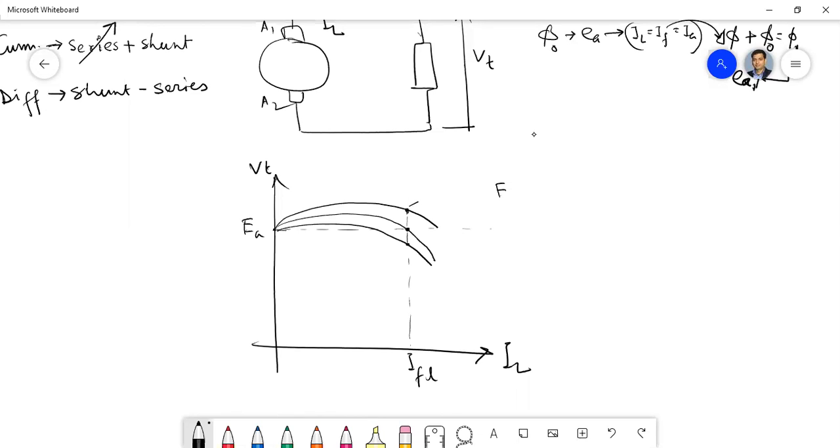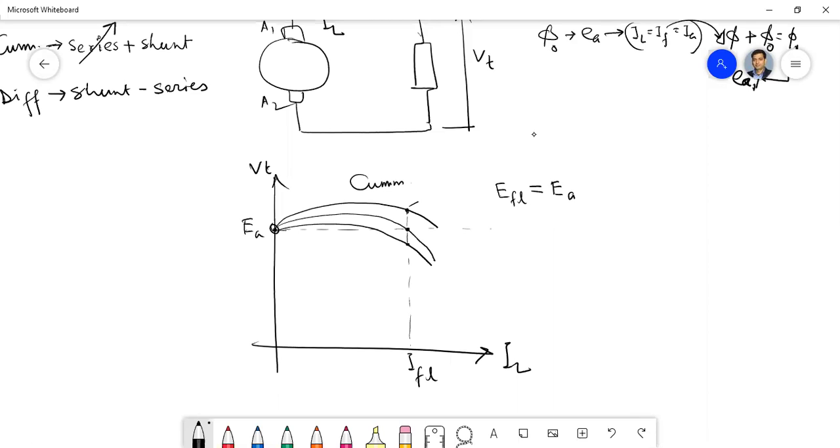At the full load current, the voltage can be equal to the no load voltage. These are all cumulative compound. Remember, I am only varying the series field contribution. So at full load current, the full load voltage can be equal to your no load voltage.